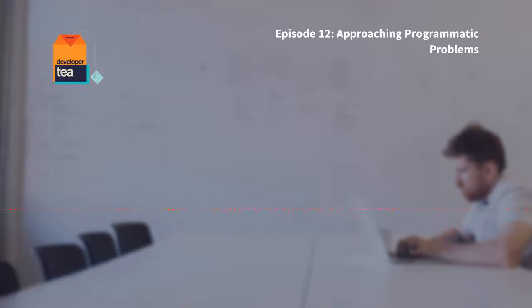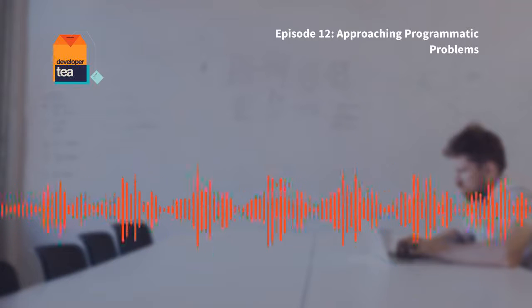So step one is to get out a piece of paper and a pen and draw out your problem. Draw out whatever it is that you're trying to do. A lot of the time, this ends up being little shapes that represent the nouns of whatever the problem is. So whether that's a model or some other kind of resource, some kind of thing that is a part of your problem.